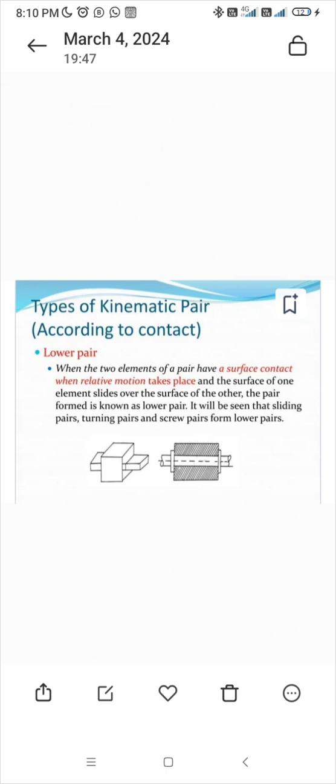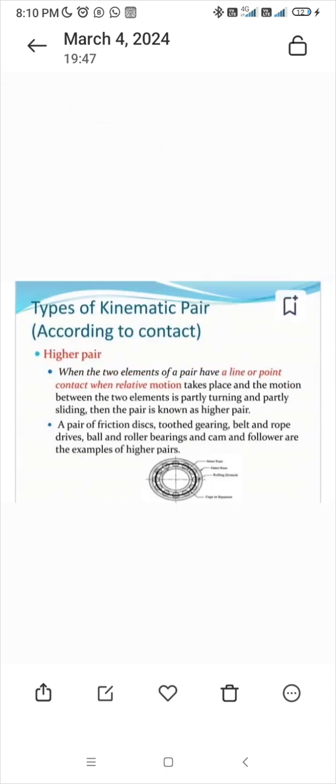So what is meant by higher pair? If a pair in motion has a line or point contact between the two elements, between the two links, it is called a higher pair. As I have already told, elements, links, parts, components are all the same, so don't get confused.